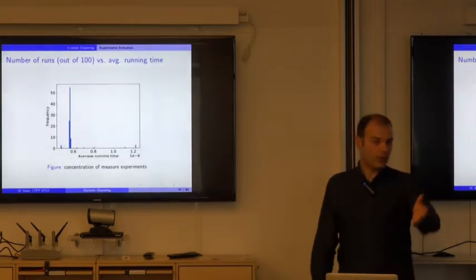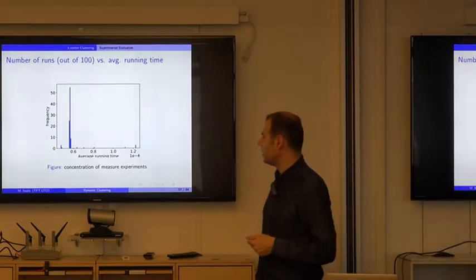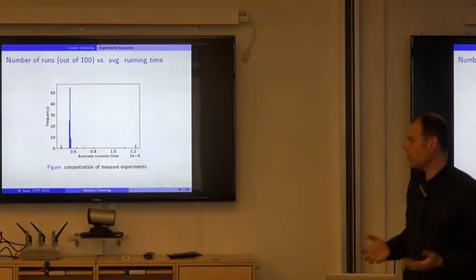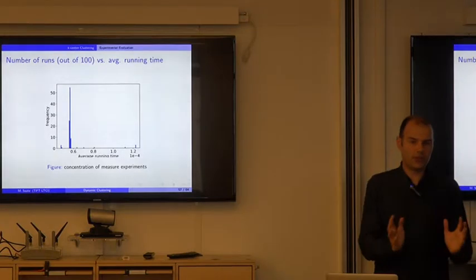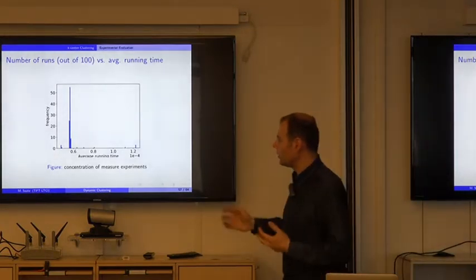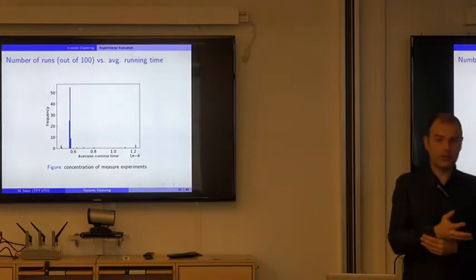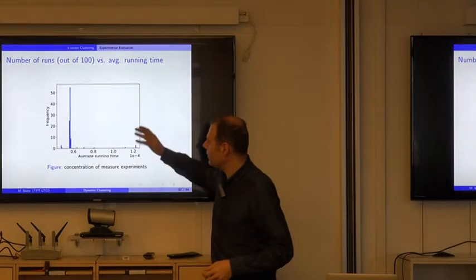Now, one of the criticisms was a fair criticism. If I understood well, it says, okay, on average we are good, but what about a single run? What happens? We have a theorem that tells us that with high probability we are also good, but is this true in practice as well? Here we plot the frequency.